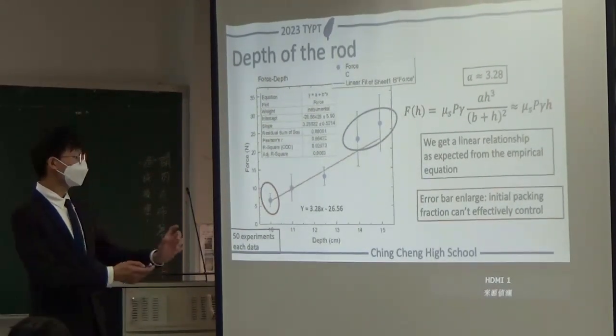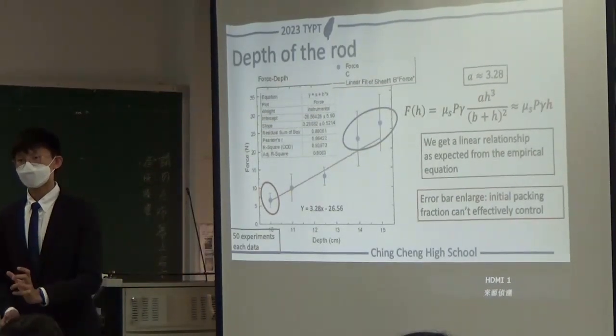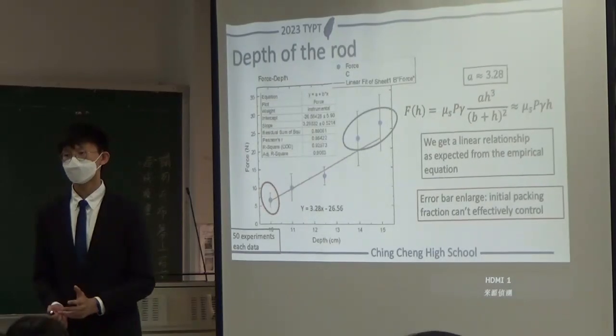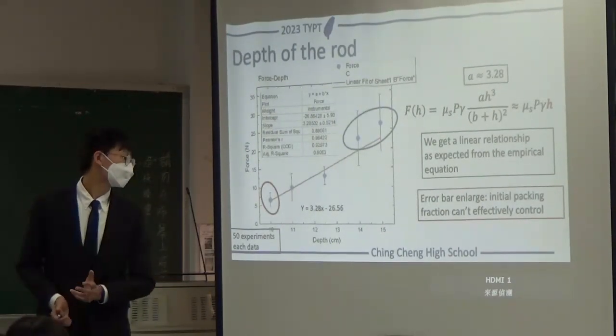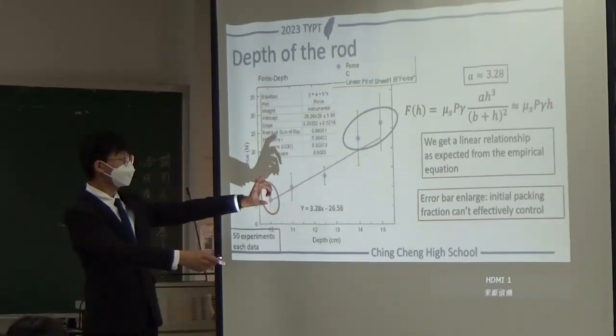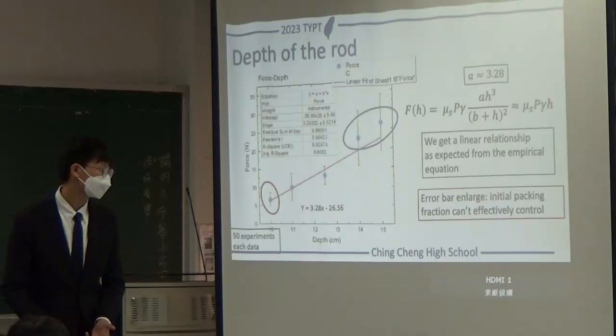And the error bar is enlarged because the granular particles are so hard to control in their initial state. So the error bar here will be bigger than in normal experiments.